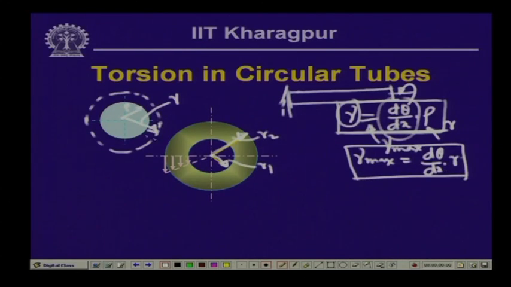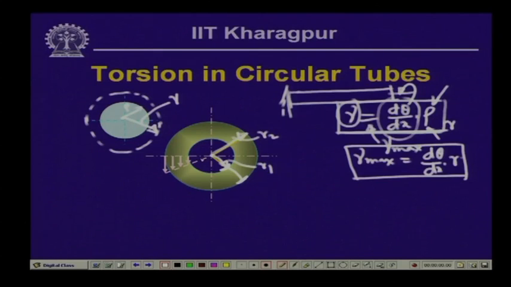This is what we get in the case of the solid circular shaft. Now, when we come to this tubular form, the first material from the center is encountered at the inner radius. So, the minimum strain occurs at this particular point, and the maximum strain occurs at the outer radius. As we saw from this expression, gamma varies linearly with rho.